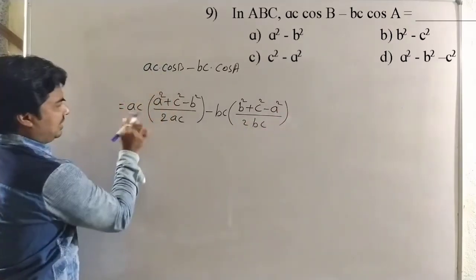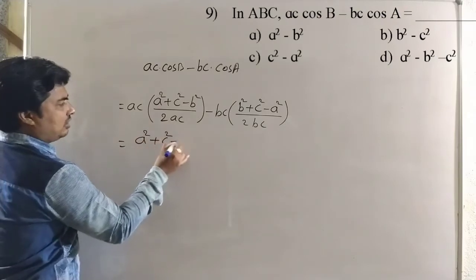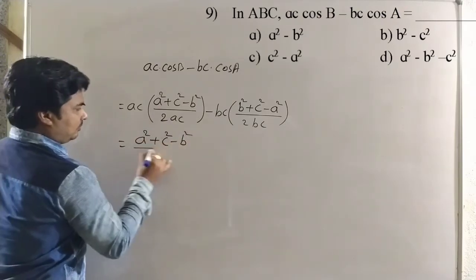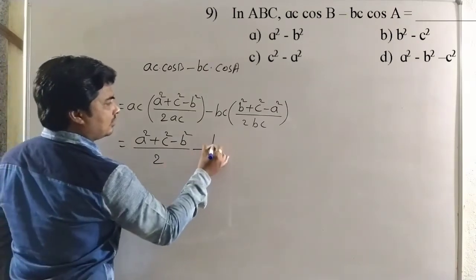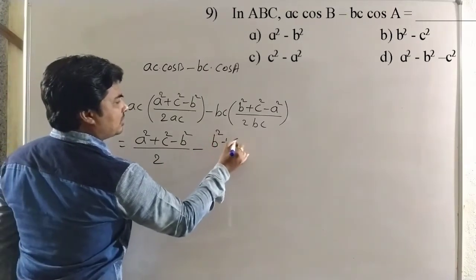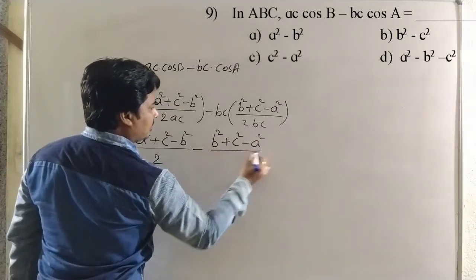Then AC get cancelled. It is a square plus c square minus b square upon 2 minus b square plus c square minus a square upon 2.